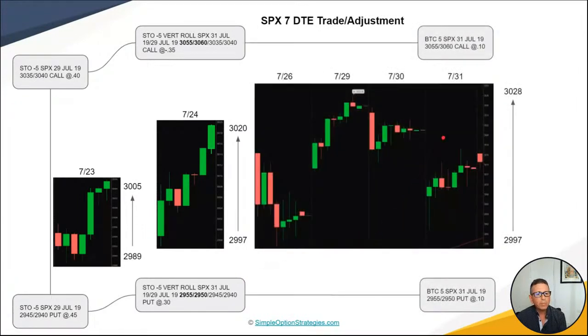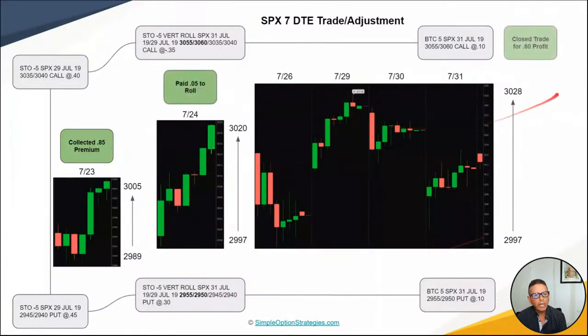So at the end, basically I bought it to close at 10 cents on the bear spread and 10 cents on the bull spread, leaving me with 60 cents. So basically I collected 85 cents when I put on the trade. I paid 5 cents to roll it, and then I took a 60-cent profit on the entire trade.